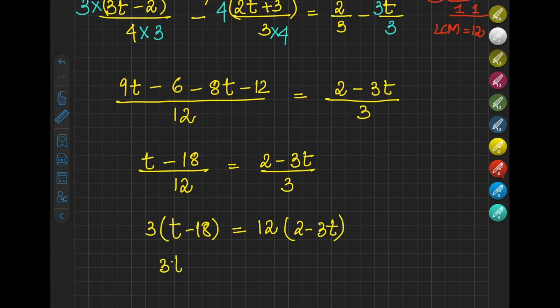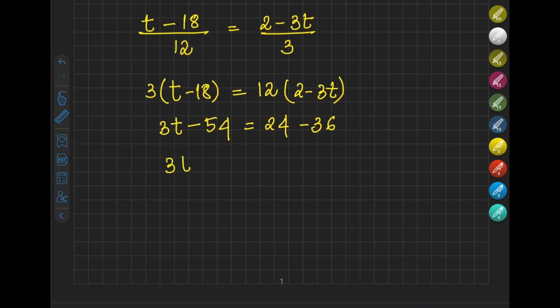So 3t minus 18 threes are 54 is equal to 24 minus 36t. Now 3t plus 36t is equal to 24 plus 54. So 39t is equal to 78.